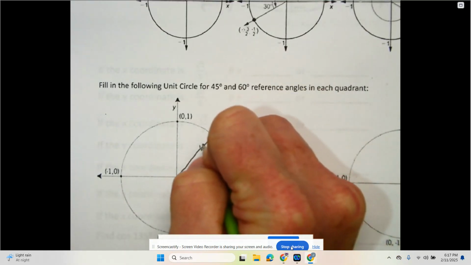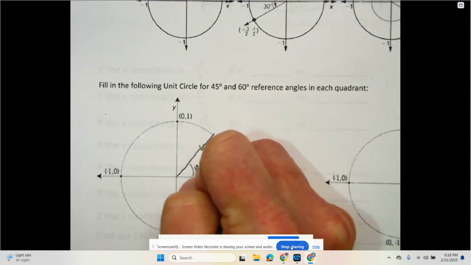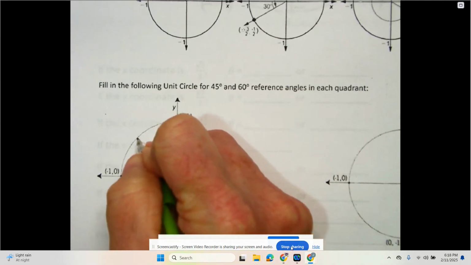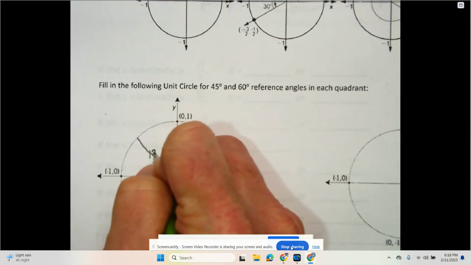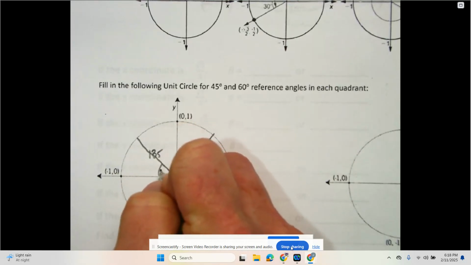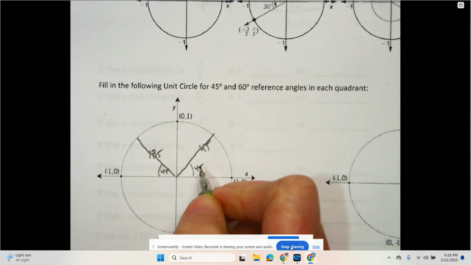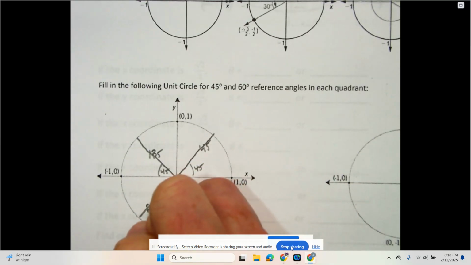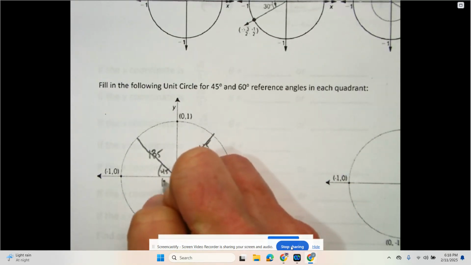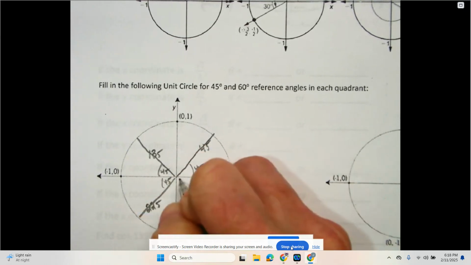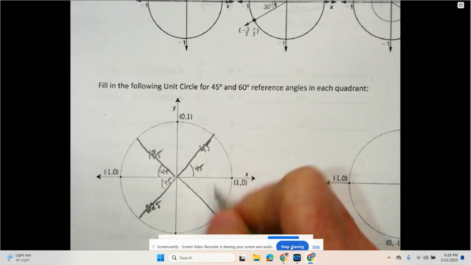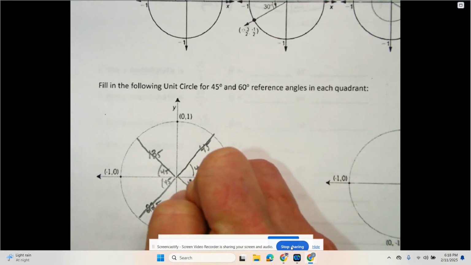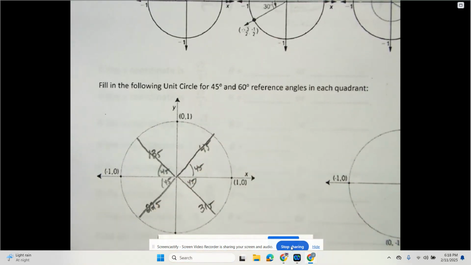That's 45, and that has a 45-degree reference angle. If you come over here, that's going to be 135, and that's going to have a 45-degree reference angle. If you come down here, that's going to be 225. That's also going to have a 45-degree reference angle. And right here is 315, and that's also going to have a 45-degree reference angle.